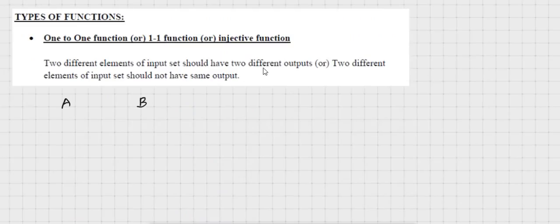The first type we are going to see is the one-to-one function. It may be referred to as an injective function also. First of all, it should be a function, that's not a doubt. Why? Because we are just adding one more condition after the function, imposing one more condition on a function.